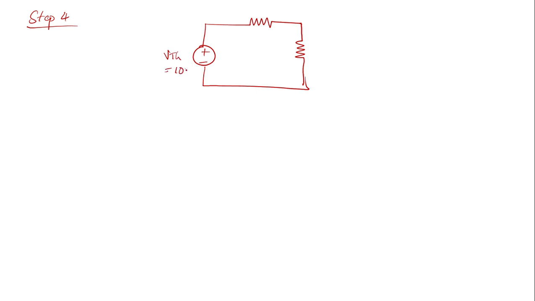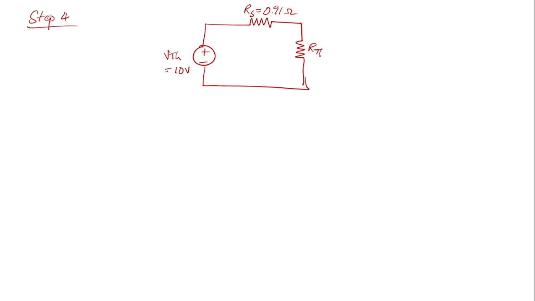As the last step, I have step 4. I'm going to draw the Thevenin's equivalent circuit. So this is my Thevenin's equivalent circuit. I have VTH is equal to 10 volt and I have RS or RTH is equal to 0.91 ohm.